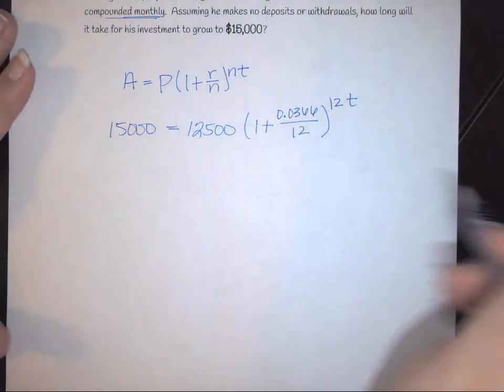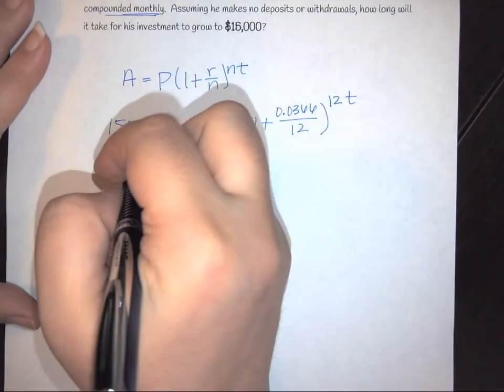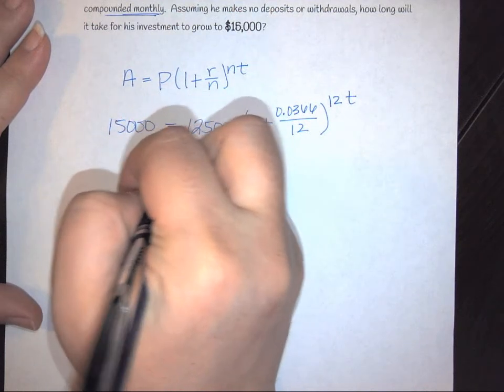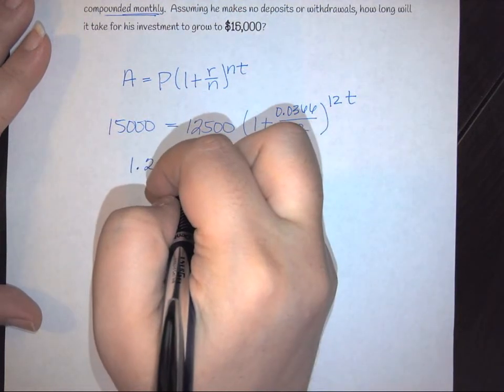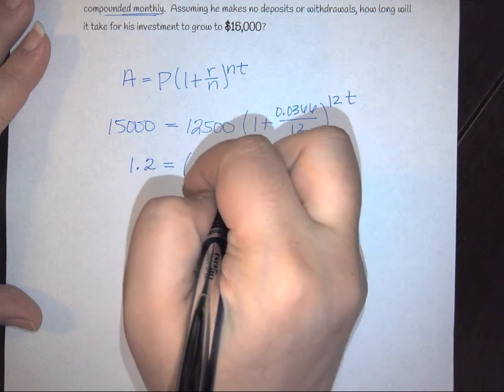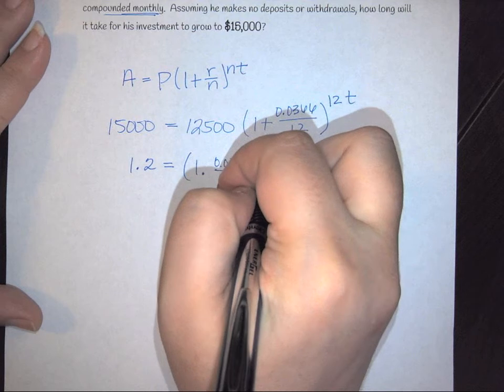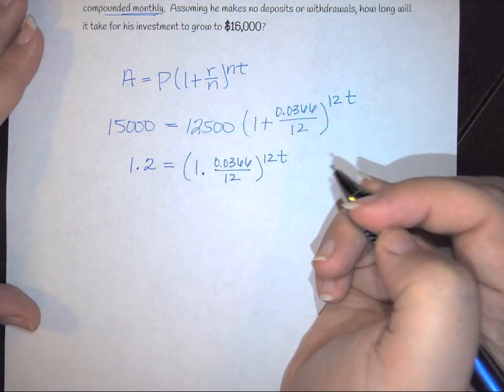So first I need to divide everything by that 12.5. So I get 1.2 is equal to my 1 plus 0.0366 divided by 12 to the 12t.